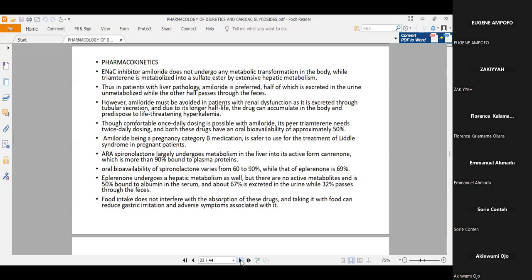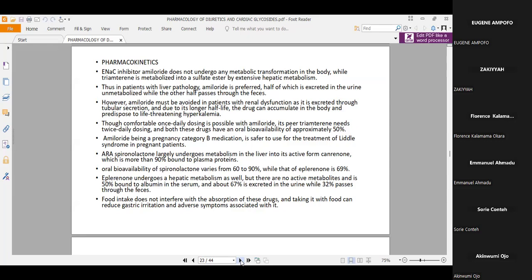For the epithelial sodium channel inhibitors, that's amiloride, while triamterene is metabolized into a sulfate ester by extensive hepatic metabolism. So in patients with liver pathology, amiloride is preferred over triamterene.